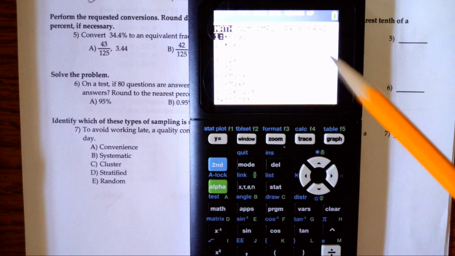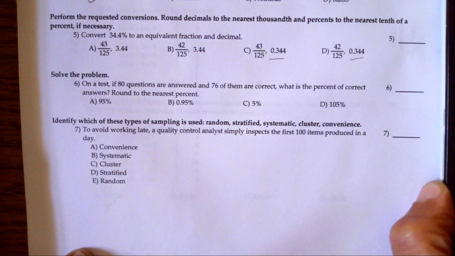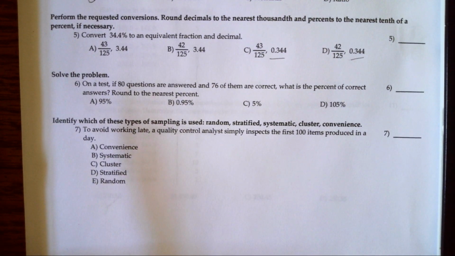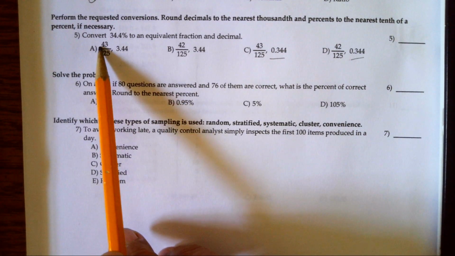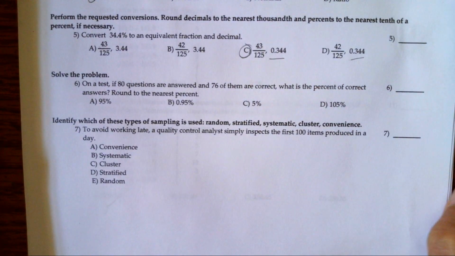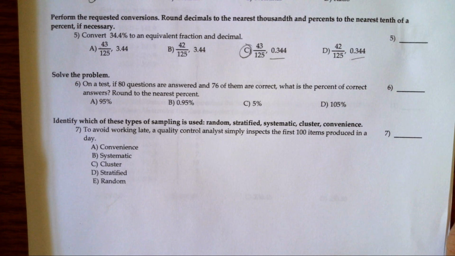The calculator would take that decimal and change it to a fraction for you. Pretty nice. And what happened, I got 43 over 125. This was number 5, letter C. 43 over 125. All right, 0.344, math key, fraction. And there you have it.